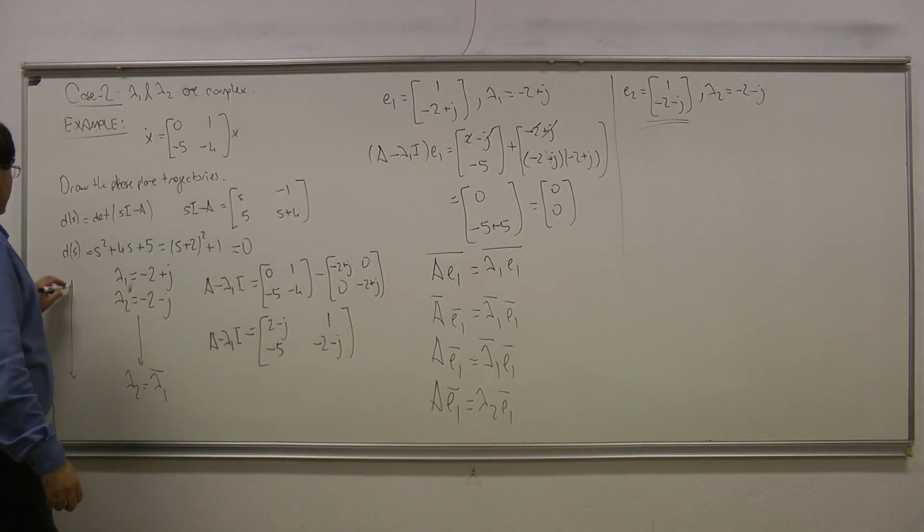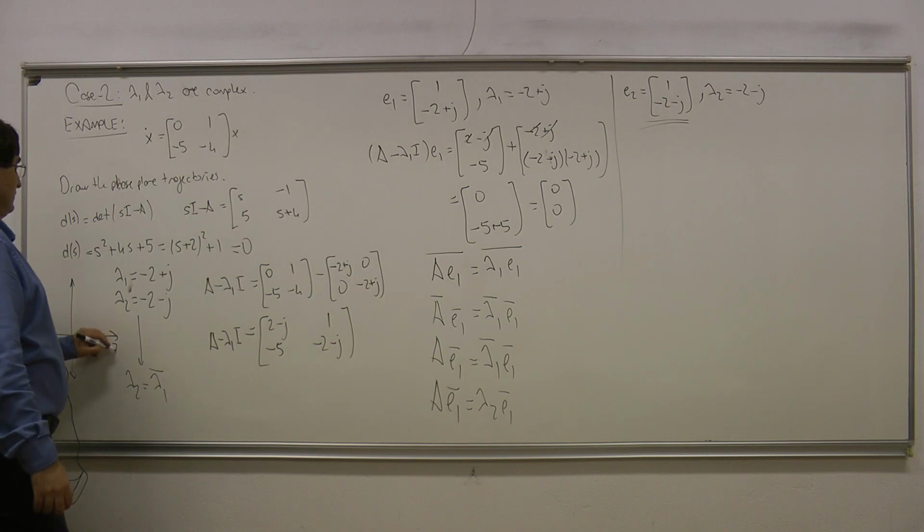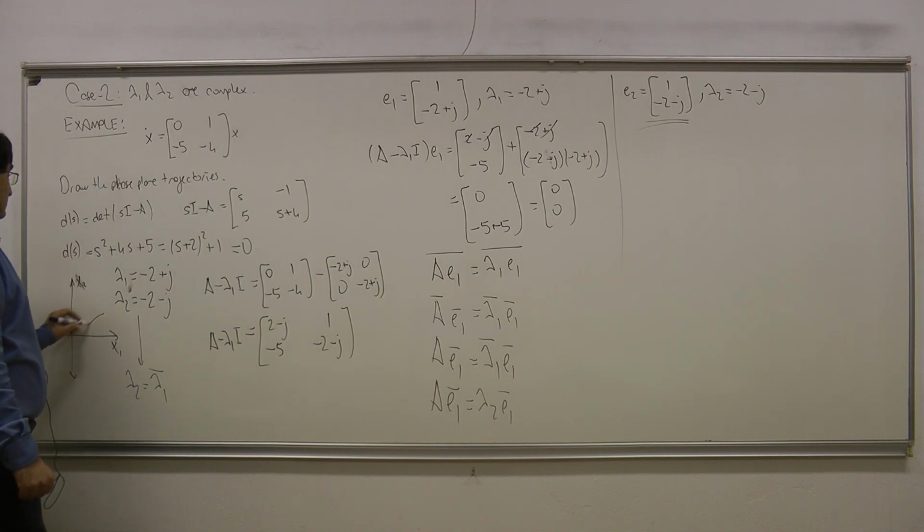Our original state space is x1 and x2 here, our original state variables, and I would like to define vectors that I can visualize here as z1 and z2 here.